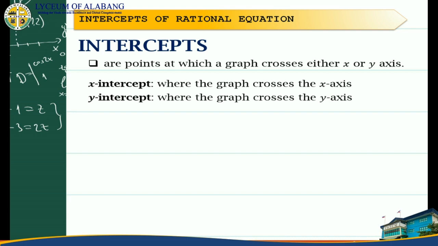Y-intercept, where the graph crosses the y-axis. The y-intercept of a function is the y-coordinate of the point where the function crosses the y-axis. The value of the y-intercept of y is equal to f of x is numerically equal to f of 0. A function can have at most one y-intercept as it can have at most one value of f of 0.